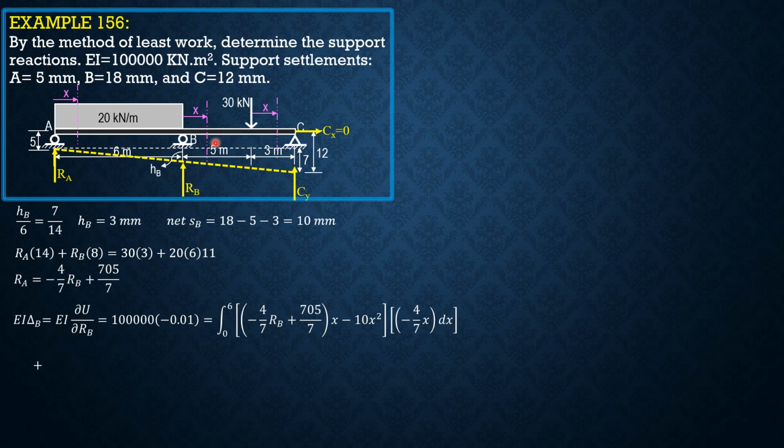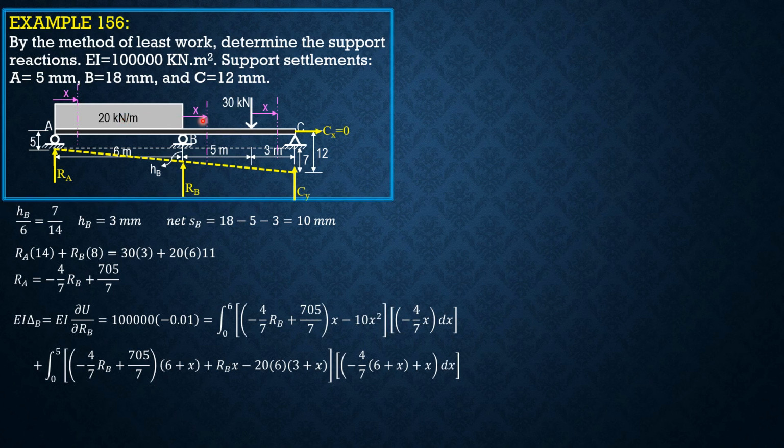Then in the next section, plus integral 0 to 5 of RA, again, negative 4 over 7 RB plus 705 over 7 times x, times quantity 6 plus x, plus RB times x, minus 20 times 6 times quantity 3 plus x. This would be the moment. Then the derivative with respect to RB is negative 4 over 7 times 6 plus x, and we have RB again here, so the derivative is x dx.